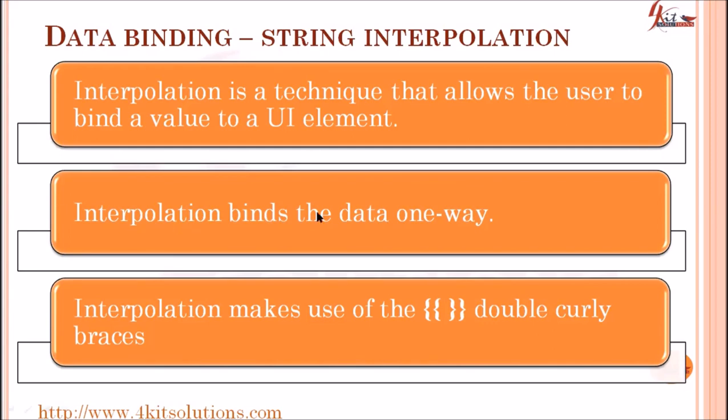So this interpolation binds the data one way, means that suppose there is a change in the value of a variable in TypeScript, it would be reflected on my template. But if there is some change of that variable value in the template, it won't be reflected in my TypeScript code. It won't be reflected in my class.